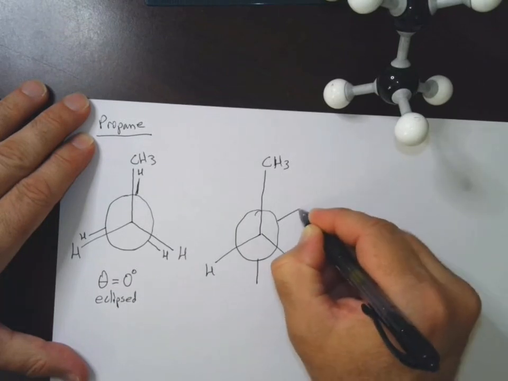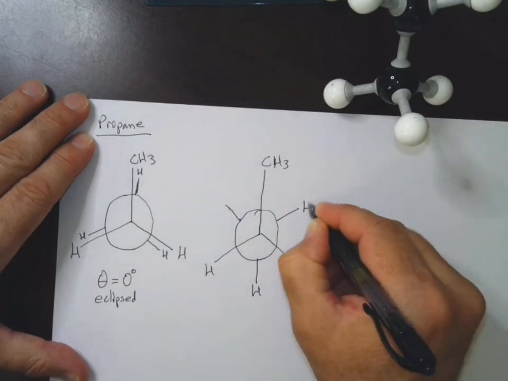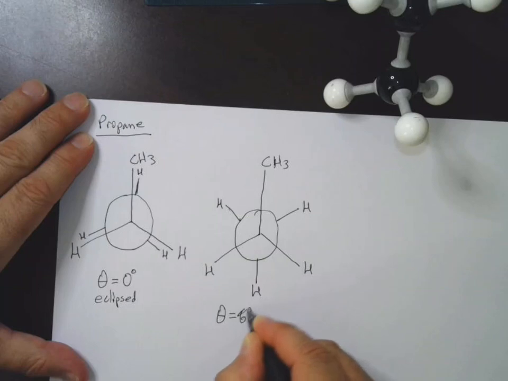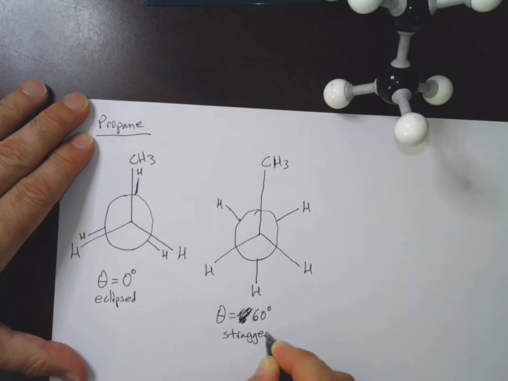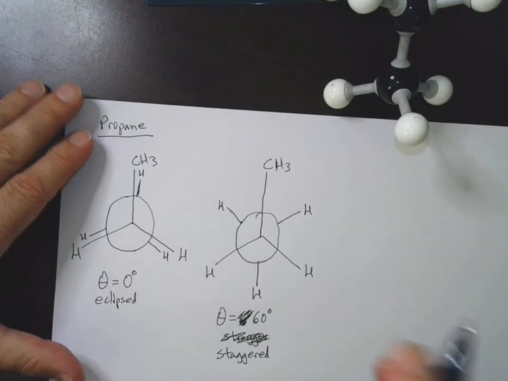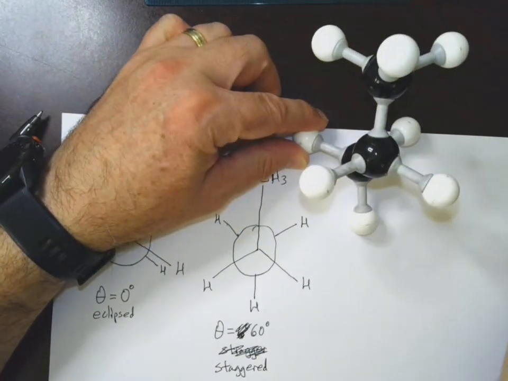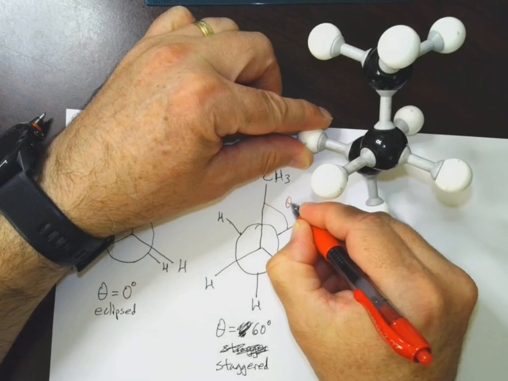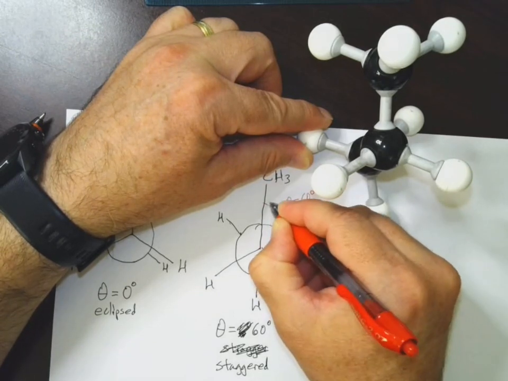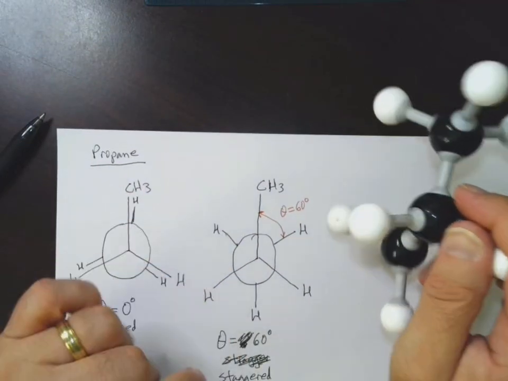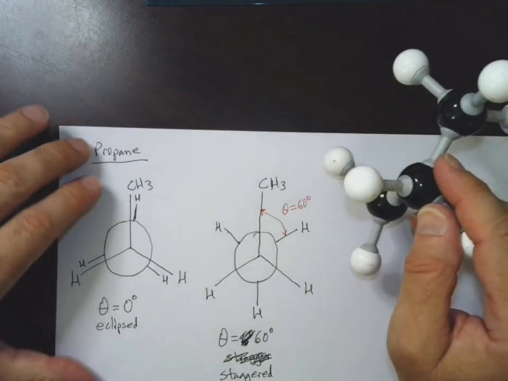Now, that's 60 degrees. You will want to practice drawing Newman projections, both eclipsed and staggered conformations. So again, here's my theta equals 60 degrees right here. You'll have to do it on the quiz and on the exam.